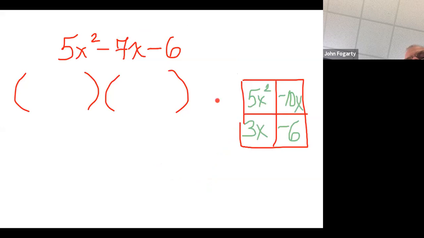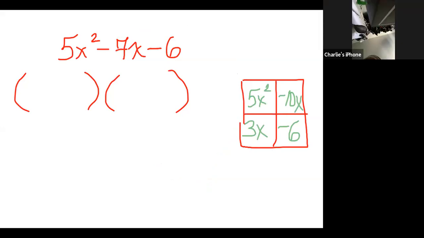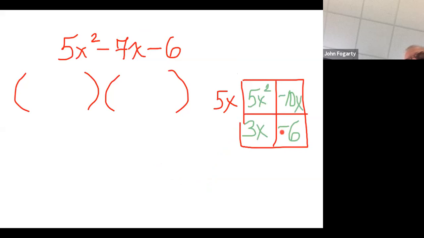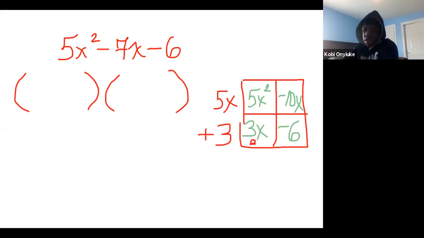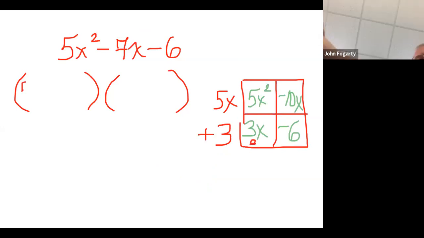What's the GCF? 5x. Now, across the bottom, 3. It's positive because this is positive. So we got 5x plus 3. Now, let's go up. GCF.